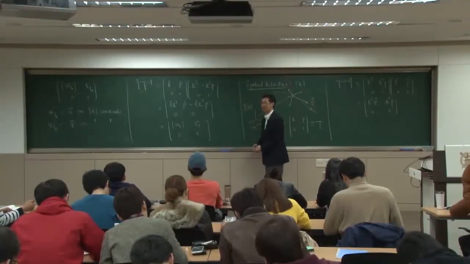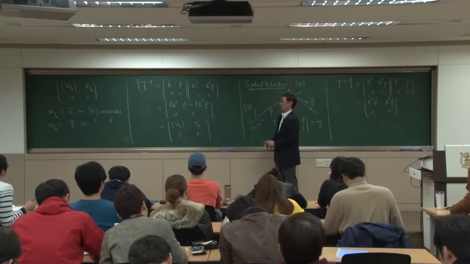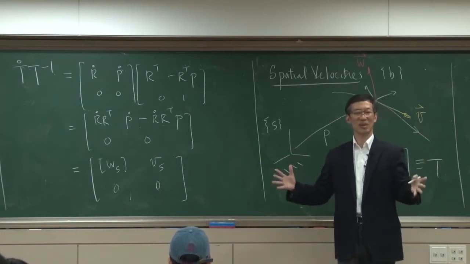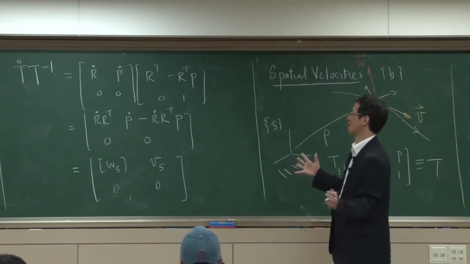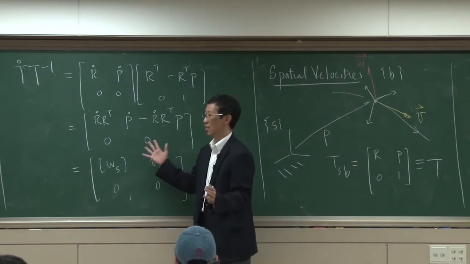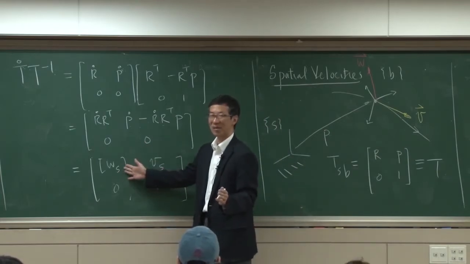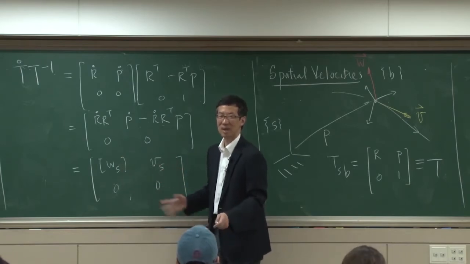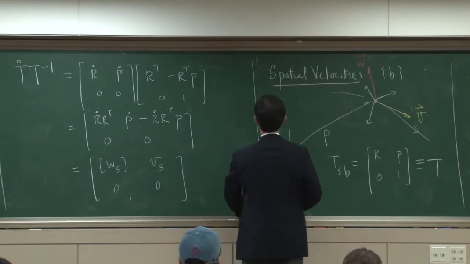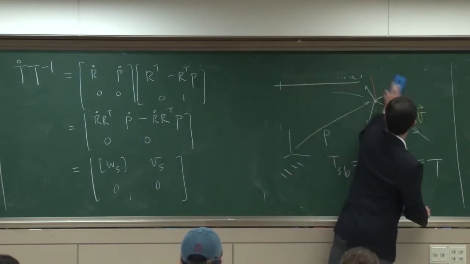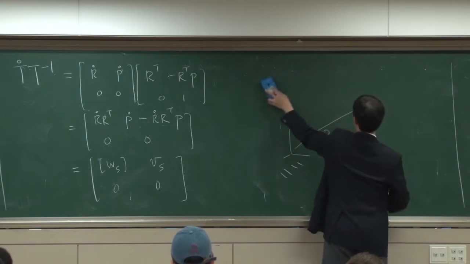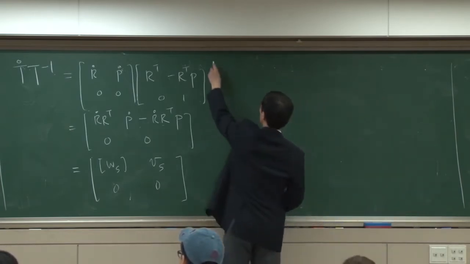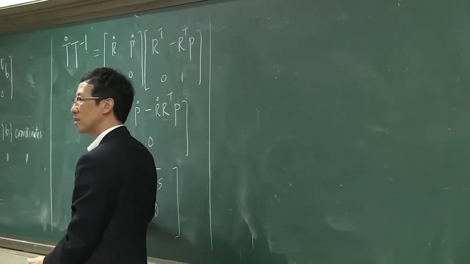Okay, so if there's symmetry in the universe, then I would expect this to be the angular velocity in the space frame, and this to be the linear velocity in the space frame. Let's see if that's true.